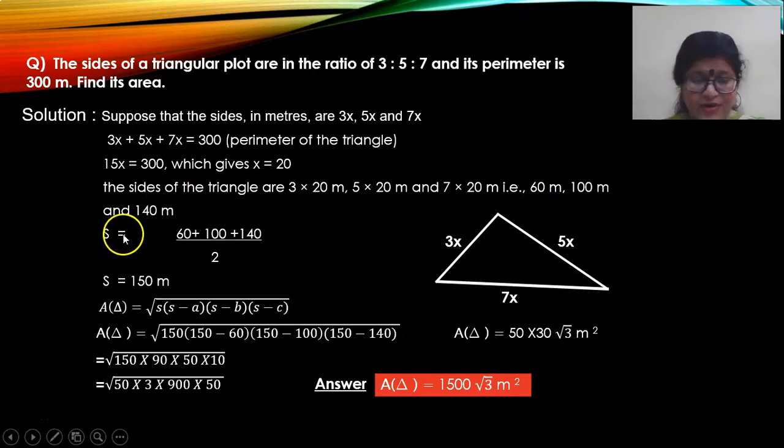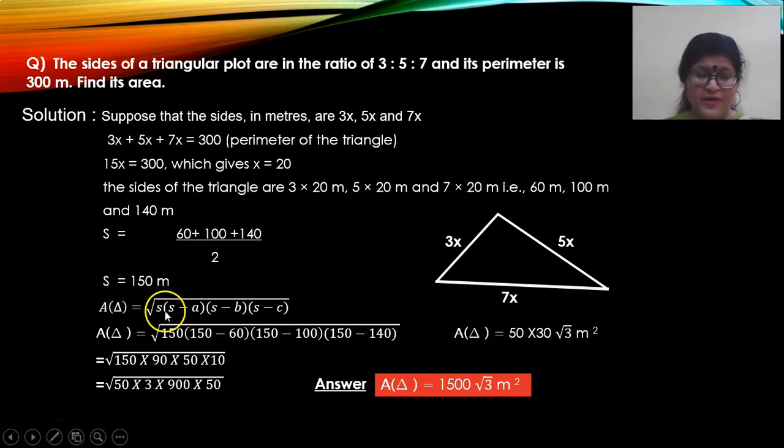Or directly you can write semi-perimeter is equal to P upon 2, that is perimeter upon 2, that is 60 plus 100 plus 140 by 2, and from that you get S equal to 150 meter. Now, area of the triangle using Heron's formula is mentioned out here. It is imperative that you write the formula given by Heron for finding the area of the triangle.